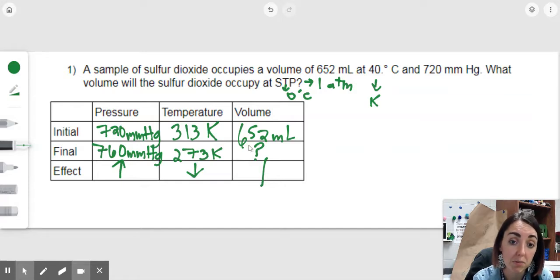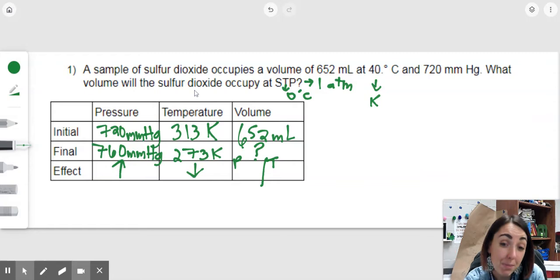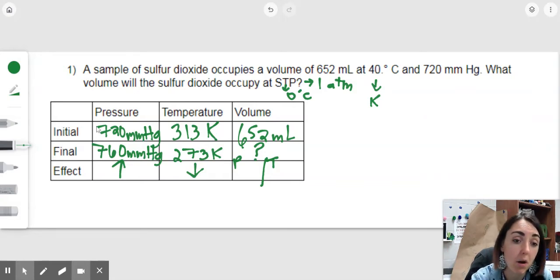I need to know how my volume is changing in terms of pressure, and how my volume is changing in terms of temperature. It might be the same, it might not be the same. It could be totally opposite, and that would also be okay, because pressure and temperature are acting independently of one another. They are only affecting the volume, not each other. So if my pressure goes up, I know from Boyle's law that my volume goes down.